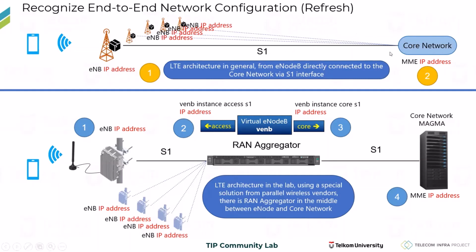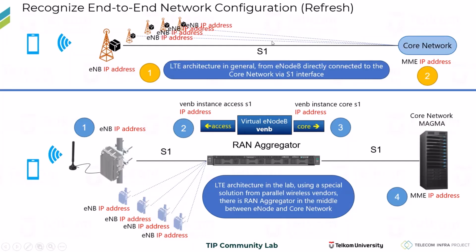So in this architecture, to simplify the case, because everything is already IP based, we just need to know the IP address of circle number 1 and circle number 2. Circle number 1 means the IP address of each E-Node-B. Circle number 2 means the IP address of the core network.